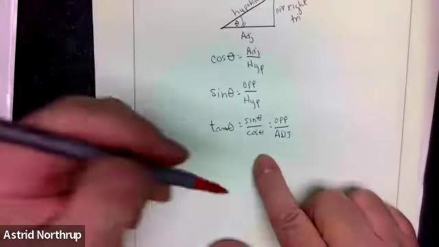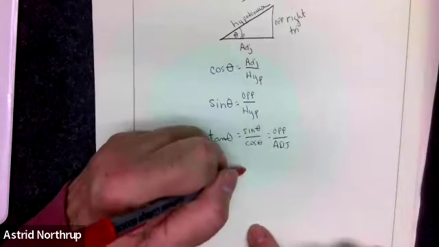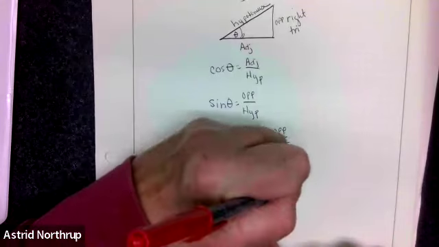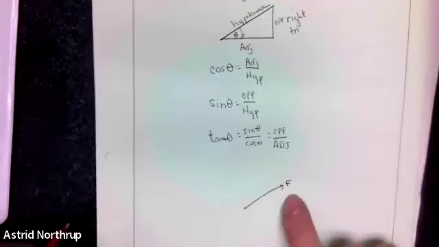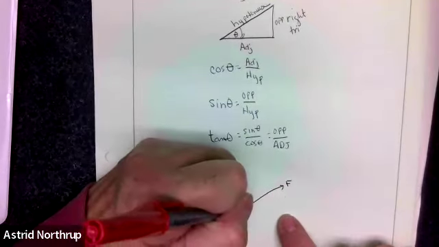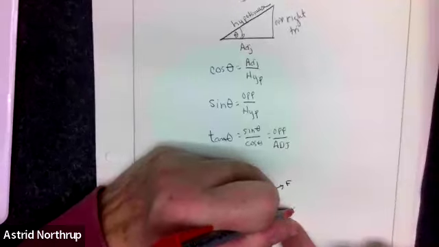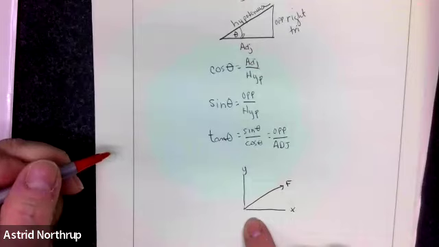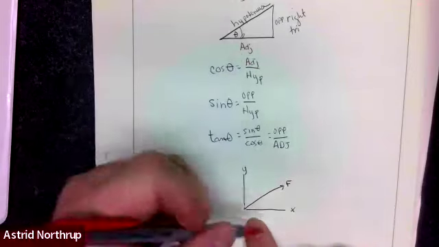How we apply this in our work is if you have a force that looks like this, we resolve it into x components and y components, and x and y are perpendicular to each other.